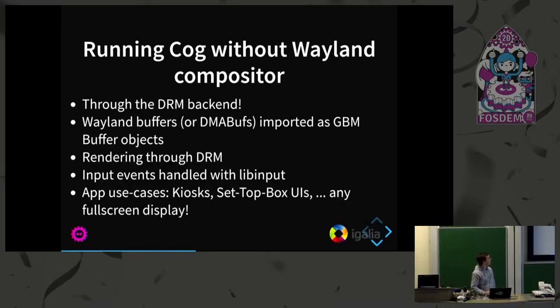That's quite cool because it reduces the dependencies of the application, and if you need a full screen application, you can use that backend, like kiosks, set-top boxes, UIs, any full screen display. The rendering is done with DRM: the Wayland buffers are imported as GBM buffer objects and then rendered using DRM.